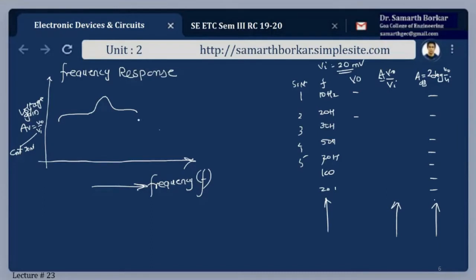By just looking at this particular frequency response, we can say the frequency response is very poor. Why? Because you see the gain is constant for a very small range of frequency.